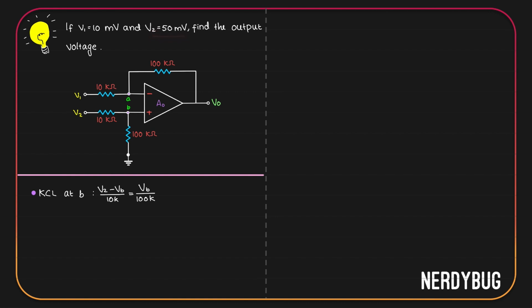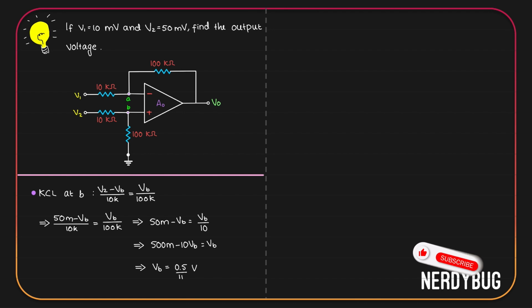V2 is 50 millivolt. We can cancel 10k from both sides and we'll just have a 10 over here. Bringing 10 to the other side of the equation, we get this. 500 millivolt is 0.5 volt. We get VB. It is 0.5 divided by 11 volt. And since we have an ideal op-amp, VB will be equal to VA.